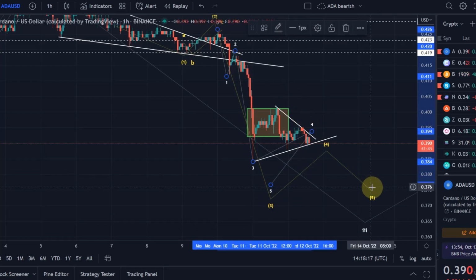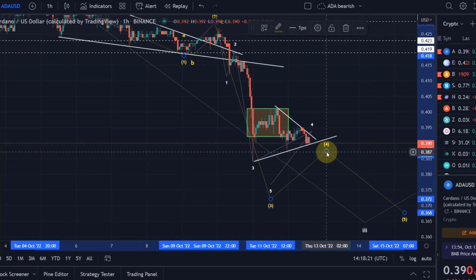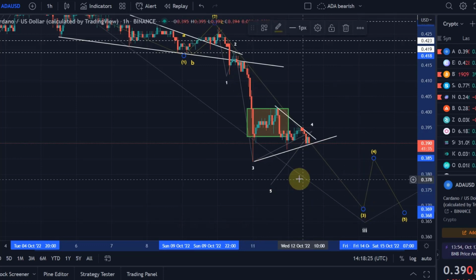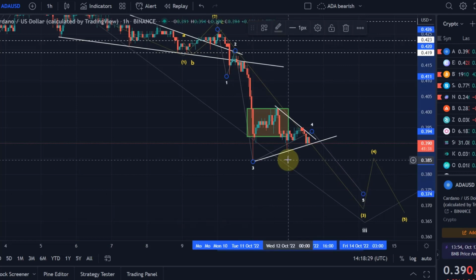Because it is sideways movement, sideways range, and we were expecting the fourth wave anyway. So a fourth wave in Elliott wave can be just a simple ABC, could be something more complex, or just a triangle. And if you see a triangle, it often is in a wave 4.